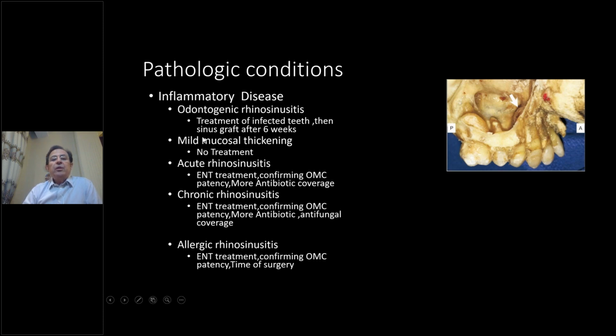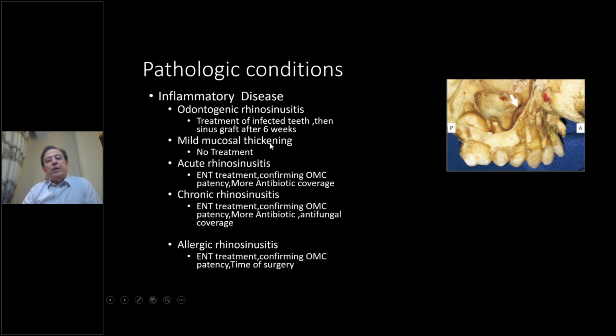In this situation, the involved teeth must be treated by root canal therapy or extraction. If we plan to extract, then after 6 weeks we can go to the sinus graft.